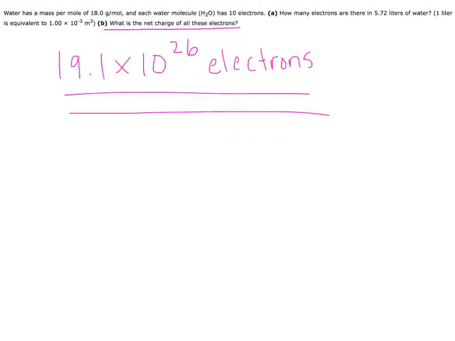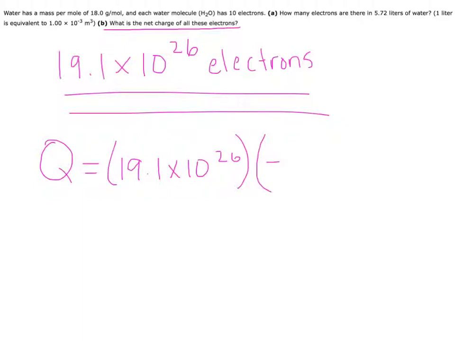And all you have to do is: net charge, which is represented by uppercase Q, equals 19.1 times 10 to the 26 times negative 1.60 times 10 to the negative 19 coulombs.